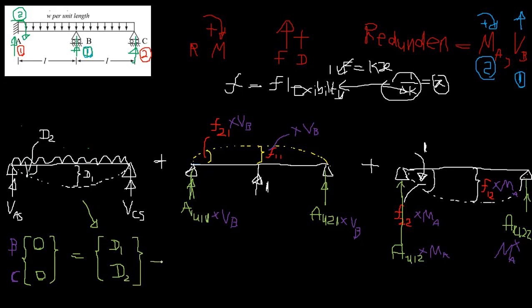Right. So plus, and here you have something, right? So here at B, the deflection is F11 into VB. Here the deflection at B is F12 into MA.